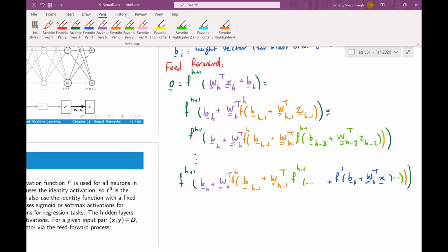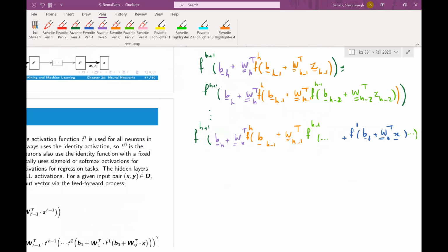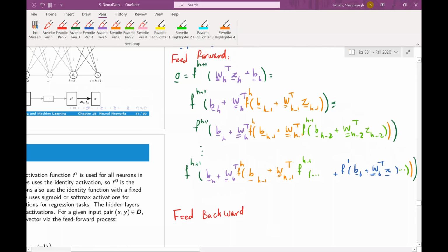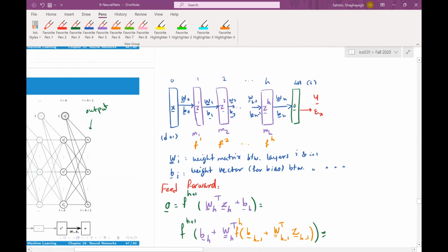And you remember that we had a feed backward phase also. And that was when we wanted to backpropagate the error backwards in the network so that we could learn the W's and the B's, like all of the parameters that we had in the model. So when we had this error, what we did in single layer MLP was that we backpropagated it. So we calculated these net gradients for each of the layers, and we updated the parameters W's and B's according to those net gradients.